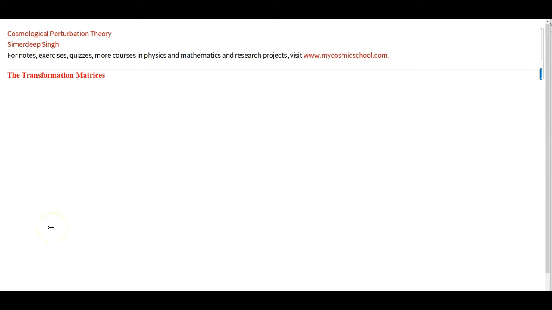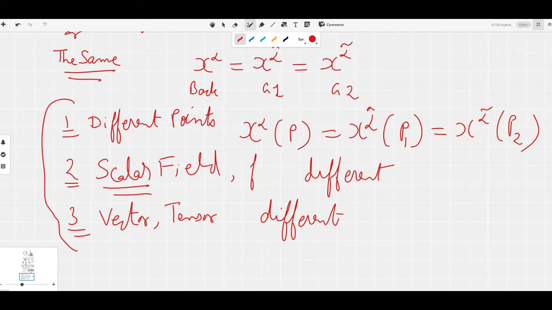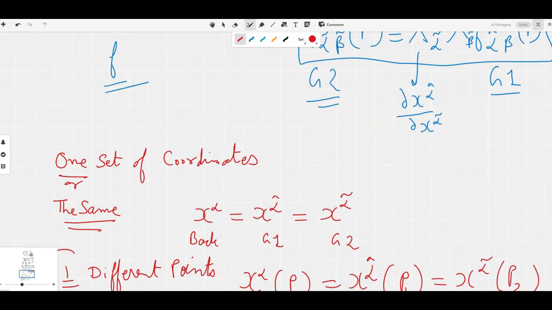Next, we looked at a very important concept, and this is again a review of what we have already seen in the theory of general relativity. In one of our last videos, we looked at the scenario of one point.